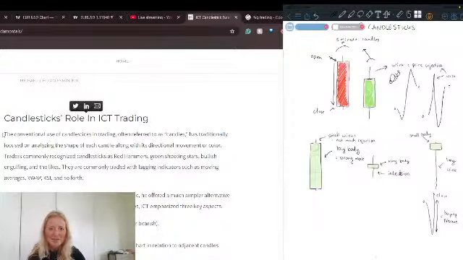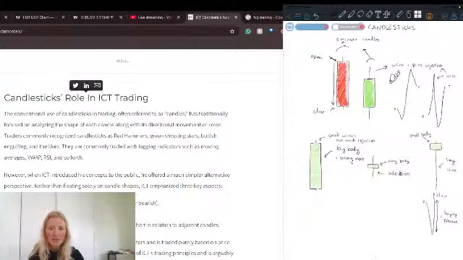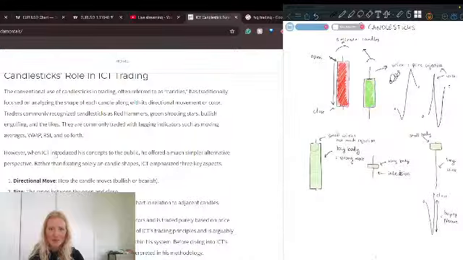So here, candlesticks' role in ICT trading, the conventional use of candlesticks in trading. I had the patterns, red hammers, green shooting stars, bullish engulfing. Okay, when ICT introduced his concepts to the public, he offered a much simpler alternative perspective, rather than fixating solely on candle shapes.